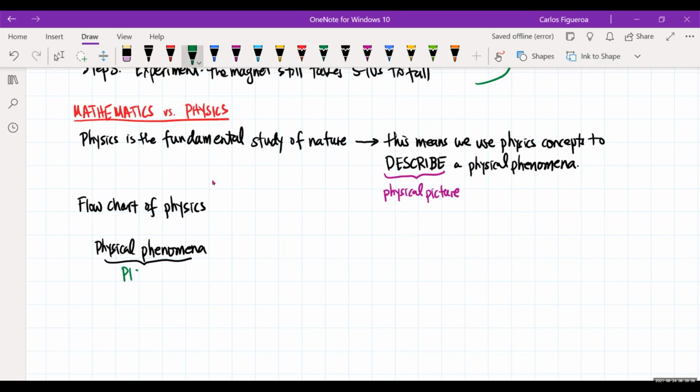A picture, using our physics concepts. Once we get that picture, we call it physics. In fact, in the language of physics, as soon as you get that picture, they'll say physics is all done.